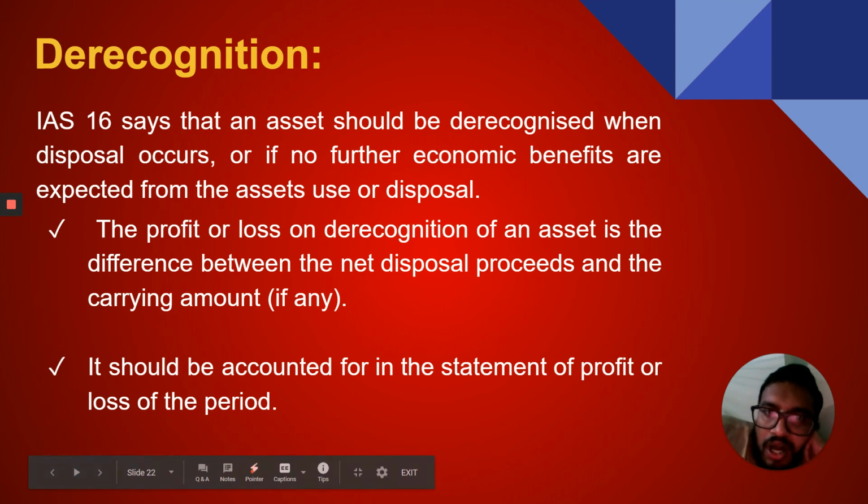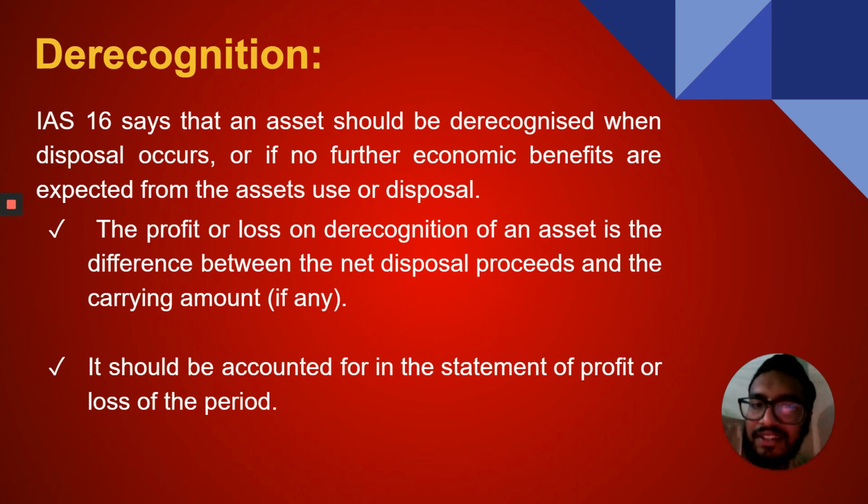So when will you derecognize an asset? When no future probable economic benefits are expected from that particular asset, or when you dispose of it. A profit or loss on derecognition is the difference between the net proceeds and the carrying amount, okay? Any profit or loss, you will recognize in SOPL for the period.